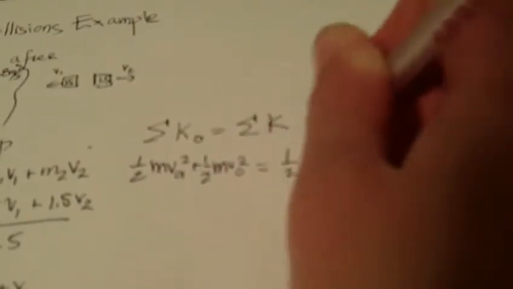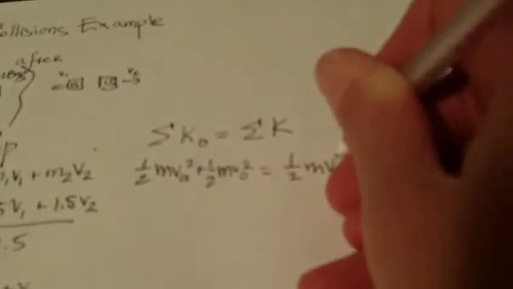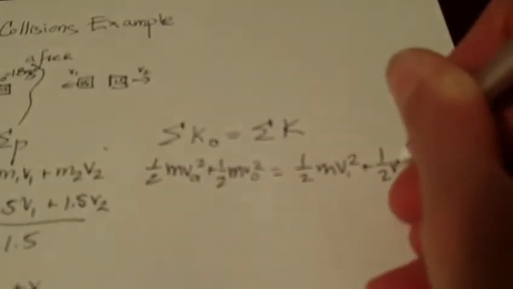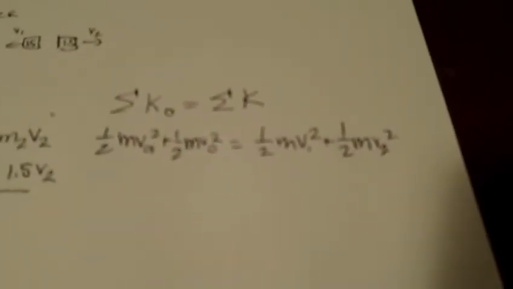Again, this is only true when you have an elastic collision. So I have 1/2 m v01 squared plus 1/2 m v02 squared equals 1/2 m v1 squared plus 1/2 m v2 squared. Once again, all the masses are the same, so I can divide them out of the equation.